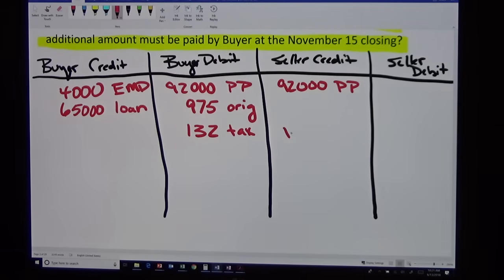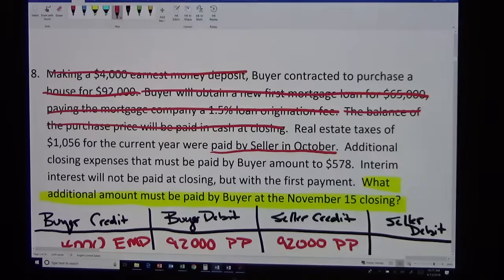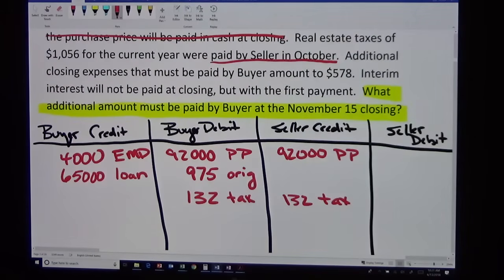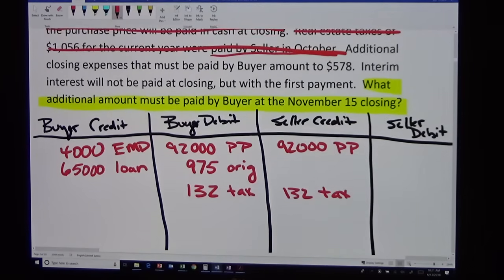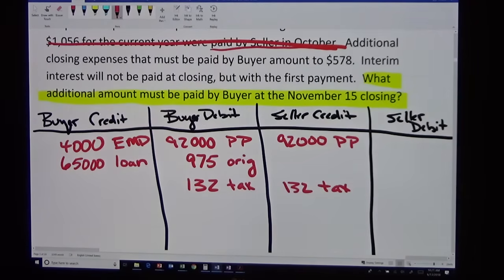So we're going to end up with a seller credit of 132 as well. And that takes care of our property tax proration. So we can mark through that statement. It says additional closing expenses that must be paid by the buyer amount to $578. Well, we don't really care what they are, but they're closing expenses that are going to be paid by the buyer, so we're just going to put them in here.